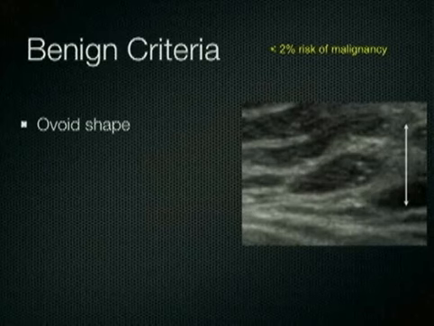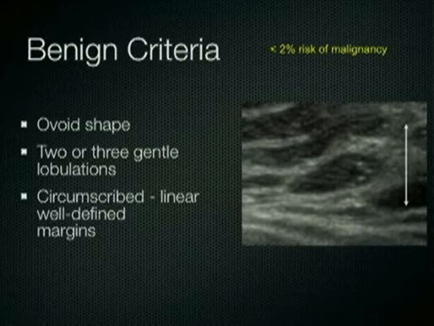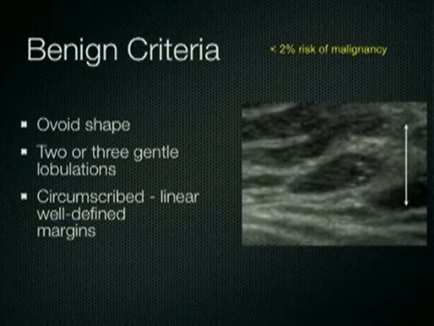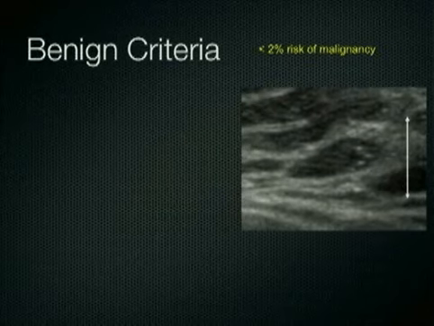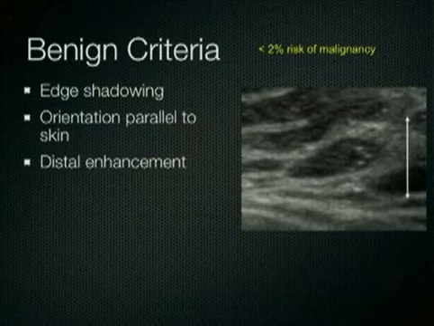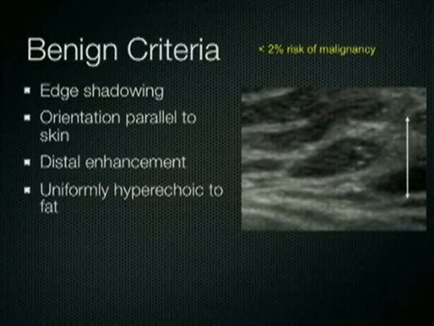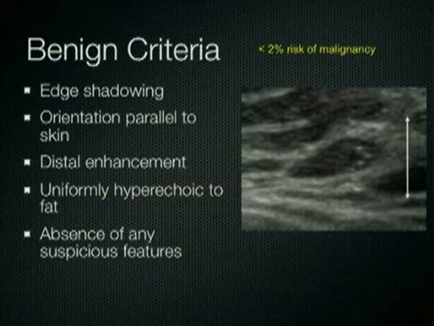These include an ovoid shape, the presence of 2 or 3 gentle lobulations, circumscribed linear and well-defined margins, homogeneous echotexture, edge shadowing, an orientation of the long axis of the mass parallel to the skin, distal acoustical enhancement, lesions that are uniformly hyperechoic relative to fat, and the absence of any suspicious features.